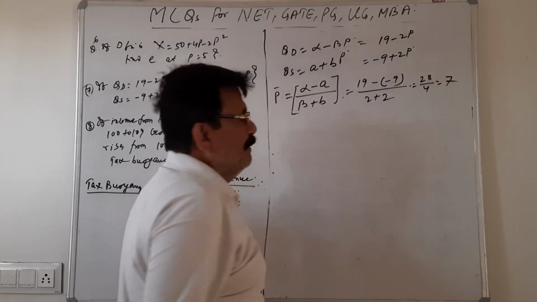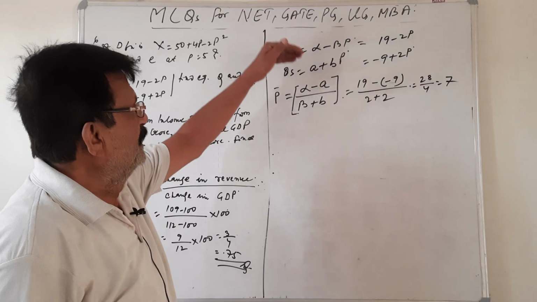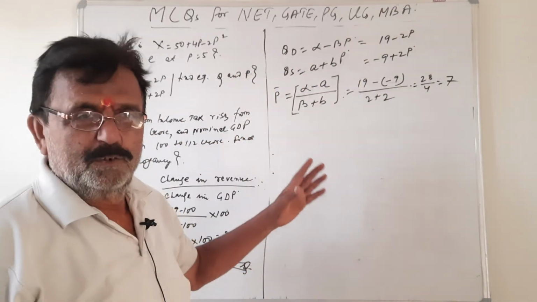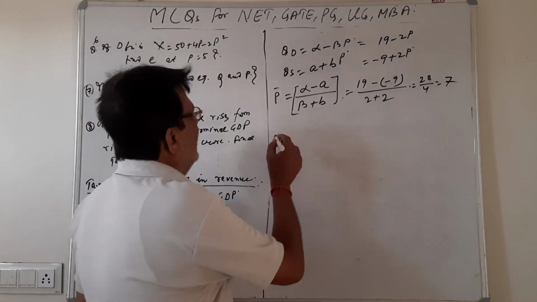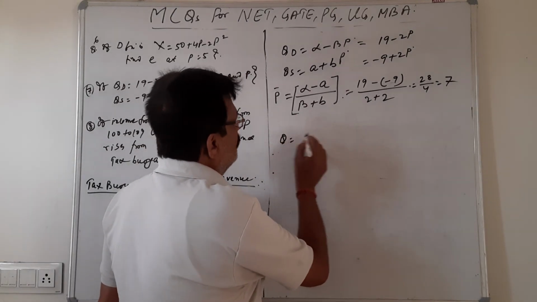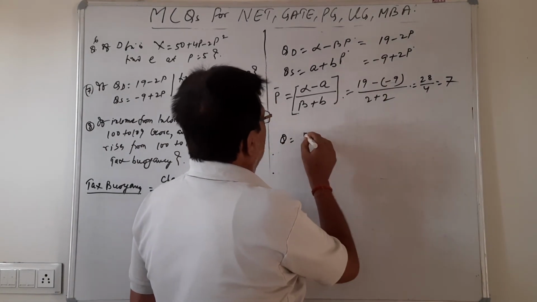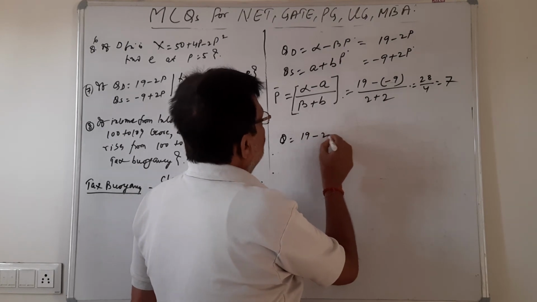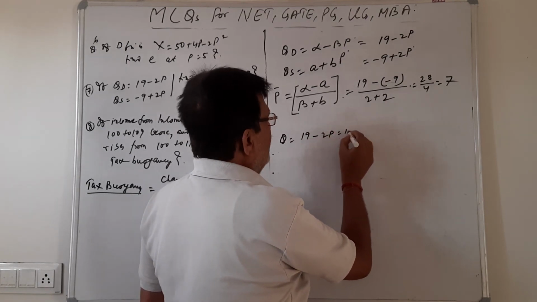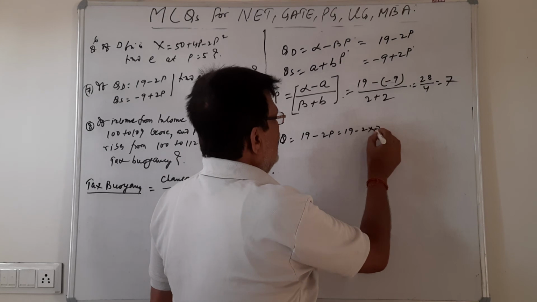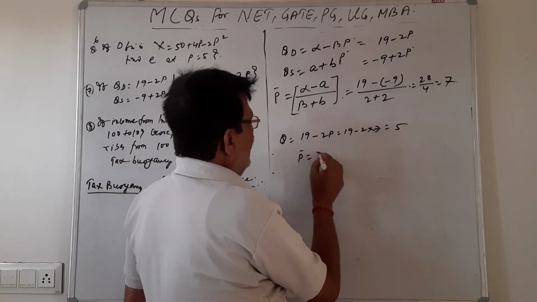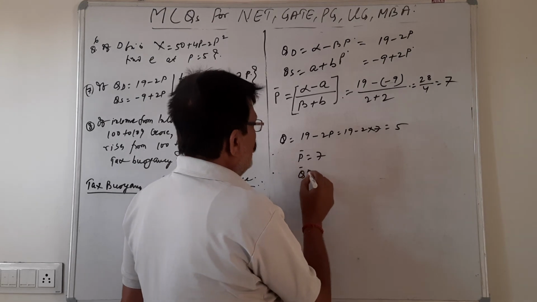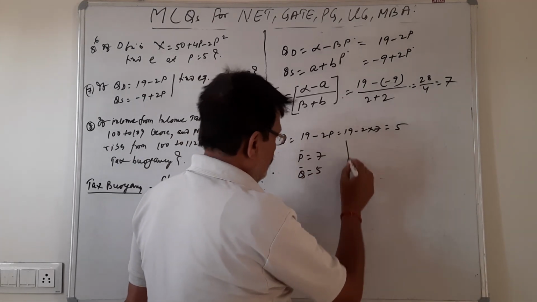So equilibrium price is 7. Need not solve both of the equations simultaneously. No, need not. You just use this formula, and this is how we get the equilibrium price. And for equilibrium quantity, put this value in any equation. So 19 minus 2P, 19 minus 2 into 7, so 5. So equilibrium price happens to be 7 and equilibrium quantity happens to be 5.